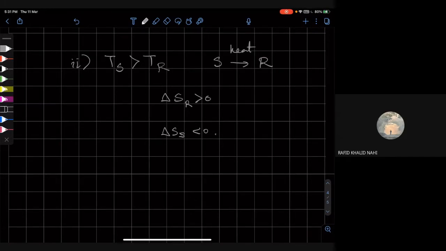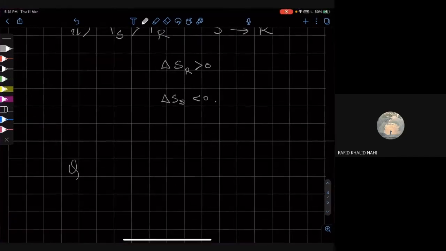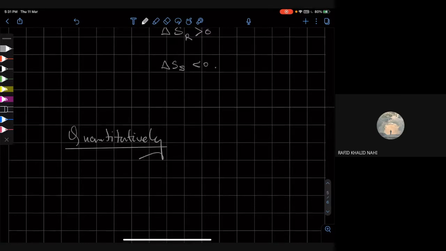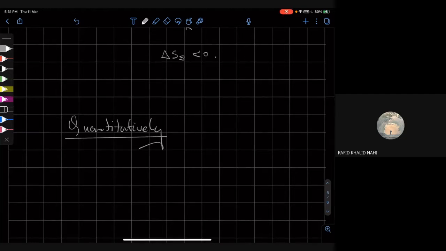So quantitatively, by the way, this is from Blundell, so you can check it out later. So let's compute the change of entropy of the reservoir, right? So the change in the entropy of the reservoir is going to be given by, say, dQ by T. But the temperature of the reservoir doesn't really change.